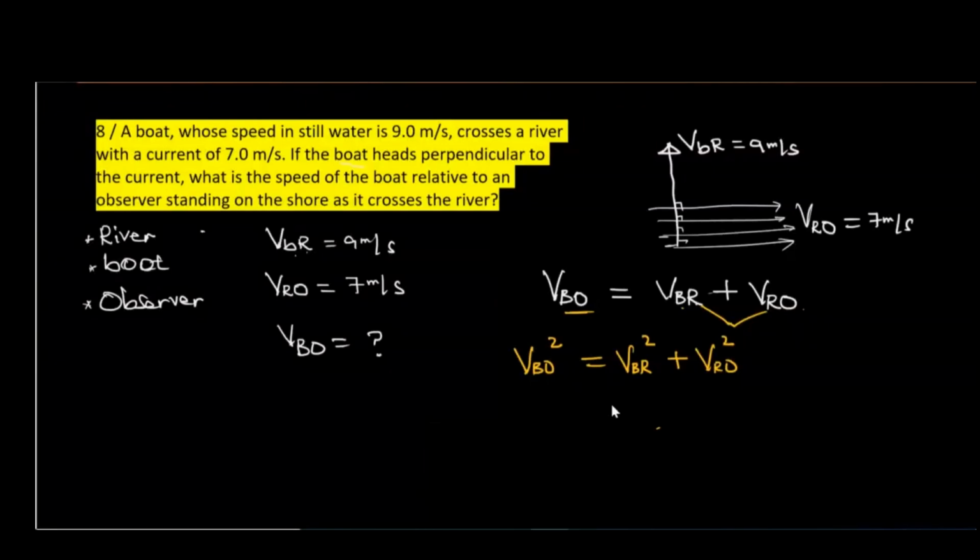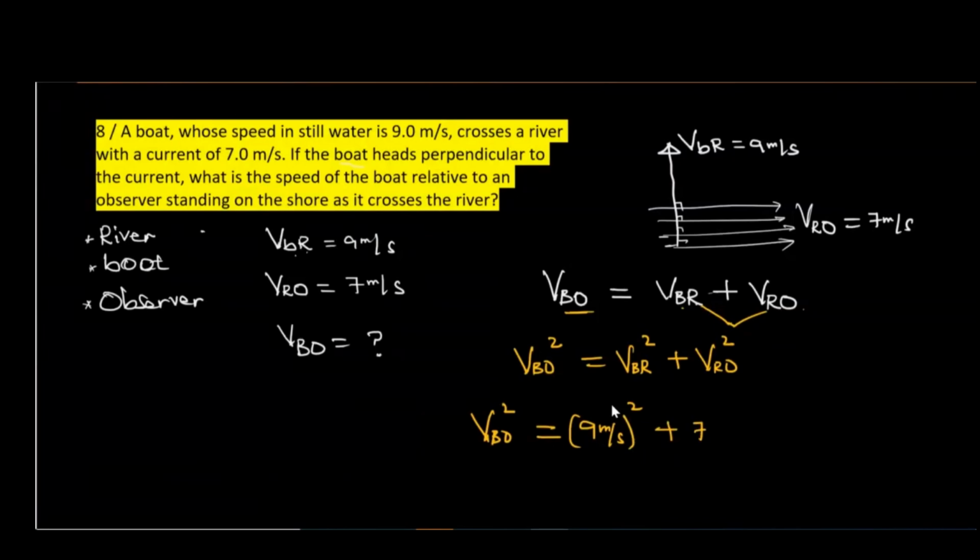So now V_BO squared equals V_BR, which is 9 meters per second, the whole squared, plus V_RO, the velocity of the river relative to the observer, 7 meters per second, the whole squared.